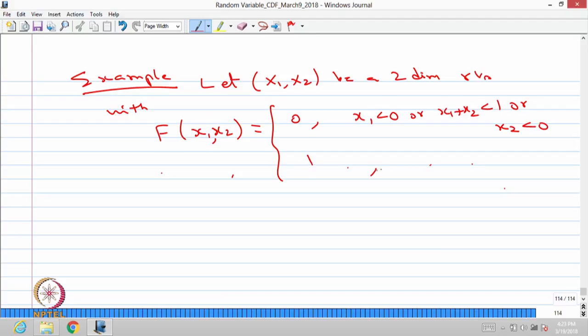It takes the value 1 otherwise. Verify whether the capital F is going to be the CDF of a two-dimensional random variable.